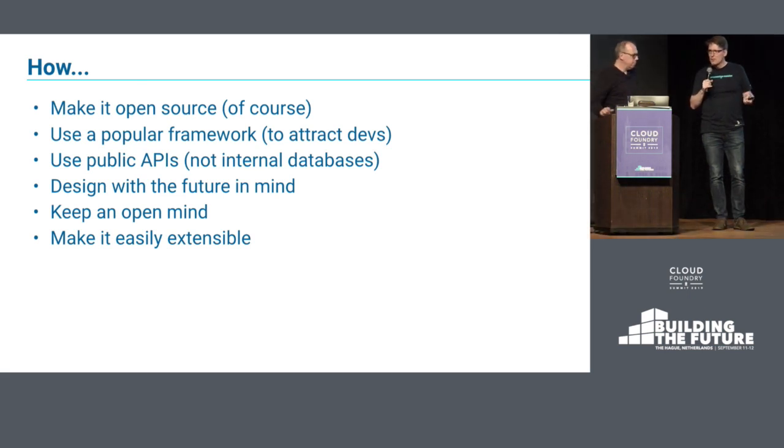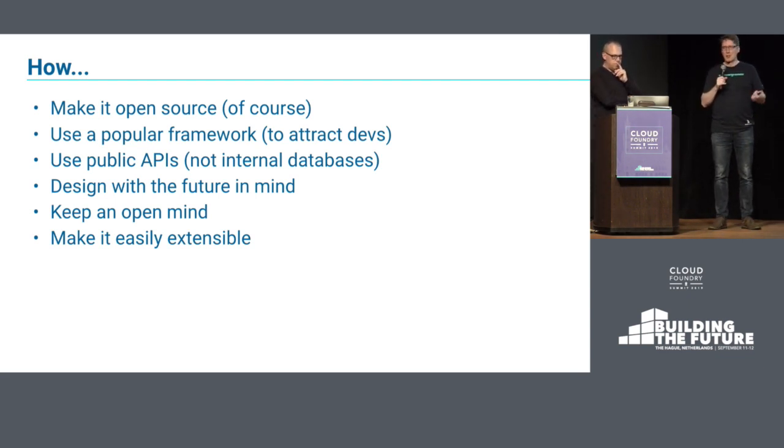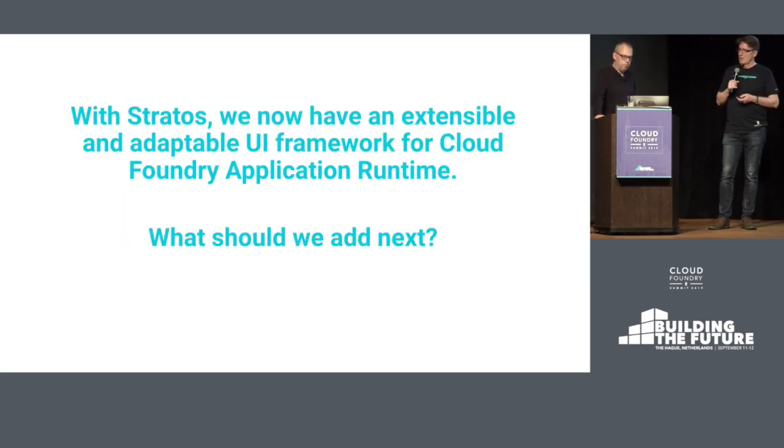It was designed sort of with the future in mind, but maybe we didn't predict exactly what the future would bring. We had an open mind. We didn't make it extensible. So we learned this lesson very hard. This was a long time before Stratos came along.